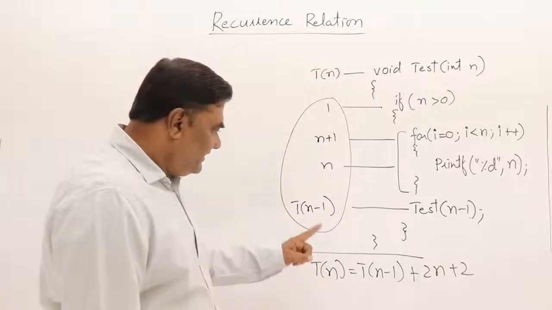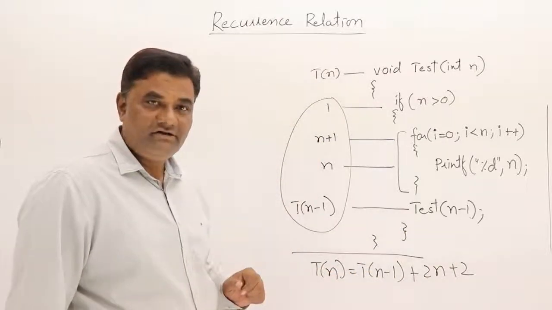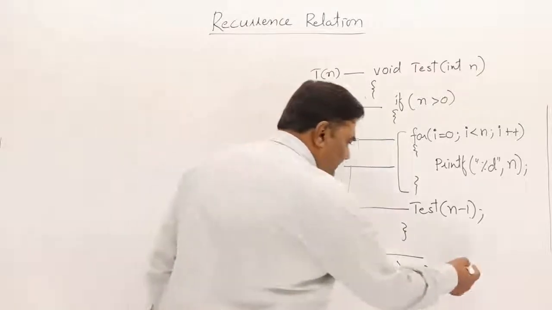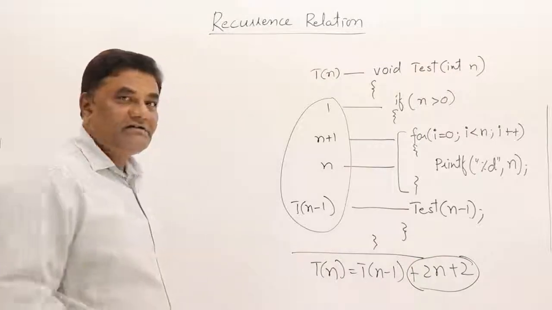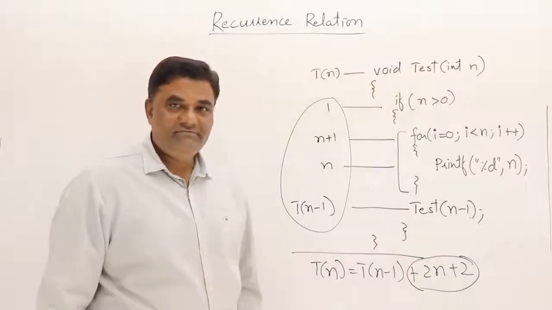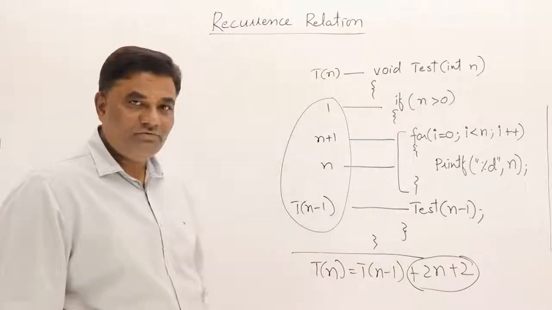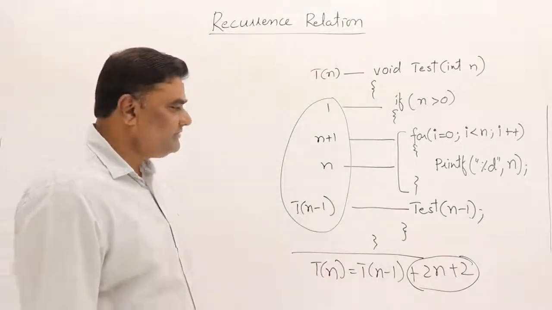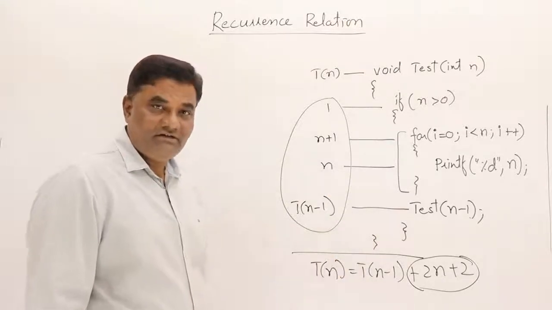But if I take it in this form, it will not be easy for me to solve it. So for this part of the relation, we have to take an asymptotic notation. Means I should round it up. I should not take 2n plus 2. So what is the notation for that? It is big O of n, or theta of n also I can say.